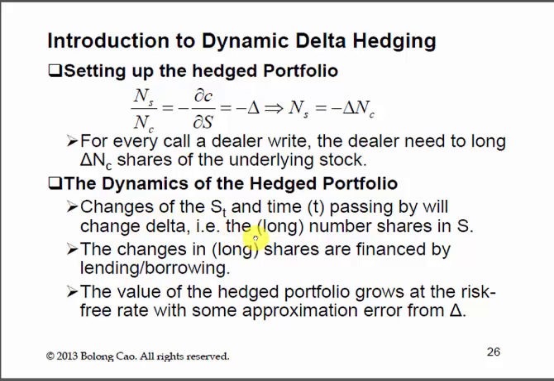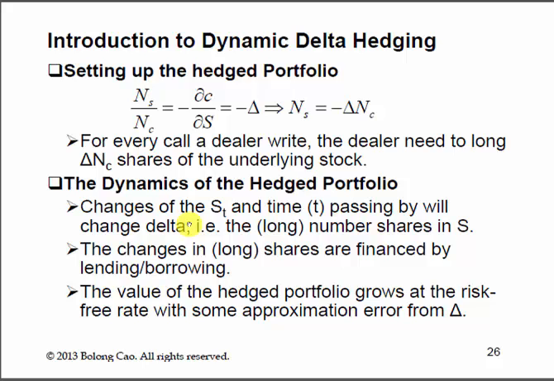And then it means what? Basically, two factors can change the delta, the underlying stock price and the time. And once delta is changed, the number of shares you hold in the long position of the underlying will change.